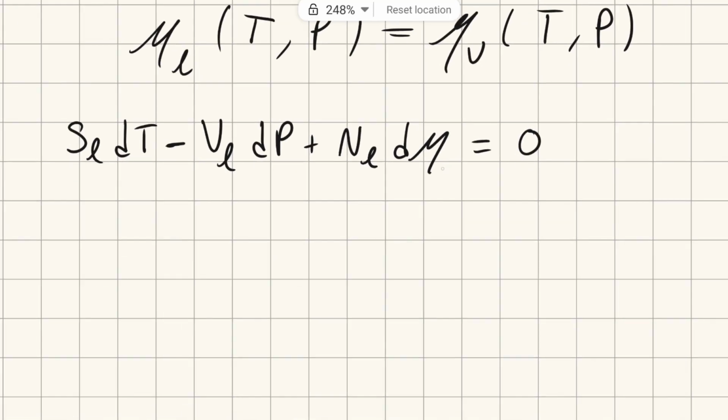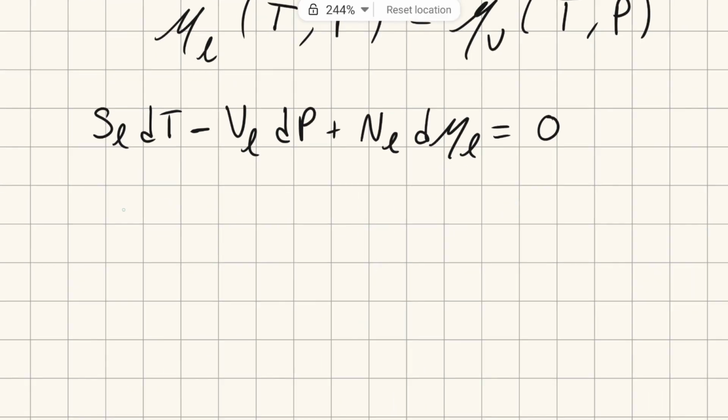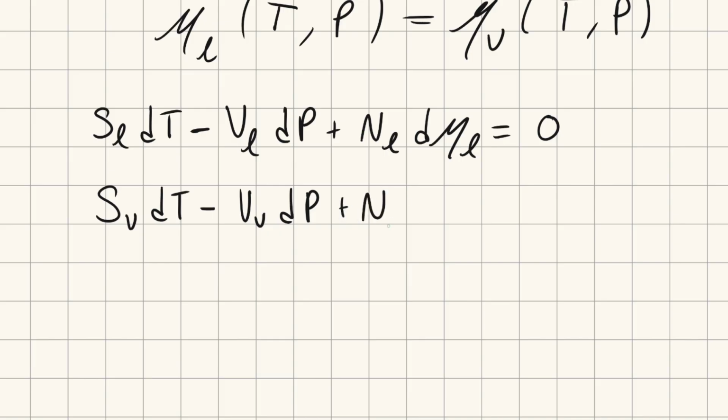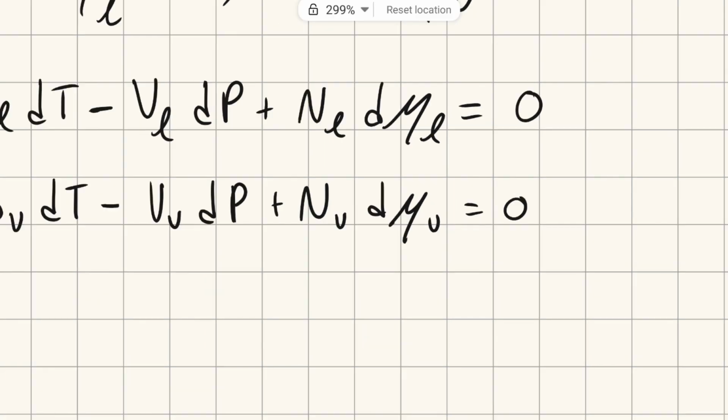Let me just write the index for the liquid here. Then we can establish the second Gibbs-Duhem relation for the vapor as S_V dT minus V_V dP plus N_V d mu_V equals 0.